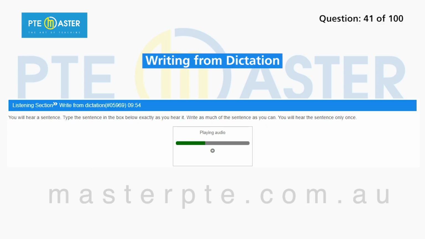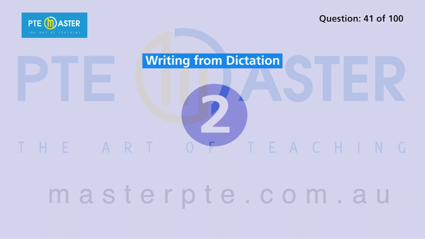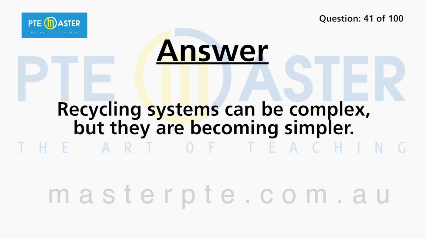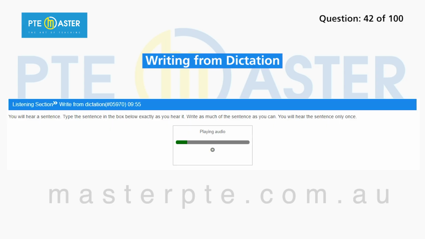Recycling systems can be complex, but they are becoming simpler. The library contains a wide collection of images and photographs.